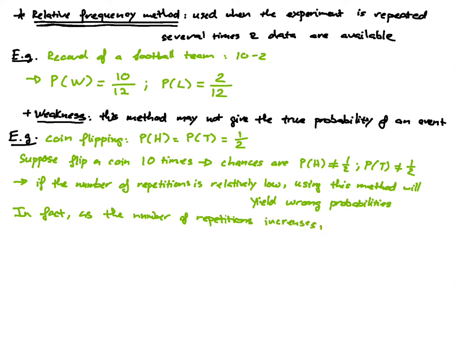The probability of getting a head will approach 0.5, and the probability of getting a tail will approach 0.5. Okay? So the idea is to get a reliable probability using the relative frequency method, you're going to have to repeat the experiment a lot of times, and that is potentially costly, right? So that's the weakness of this method.